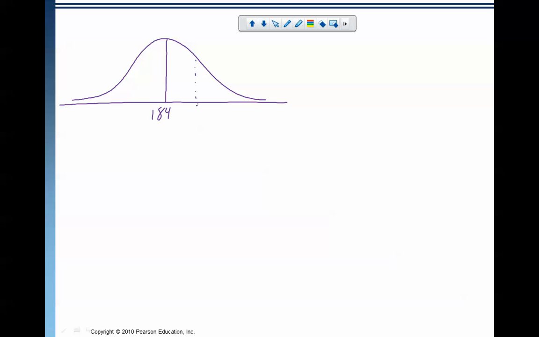So this is 192, 200, 208. And then over this way, 176, 168, and 160. So we can use this information to answer all the questions about the Dutchman. So the first question is what?